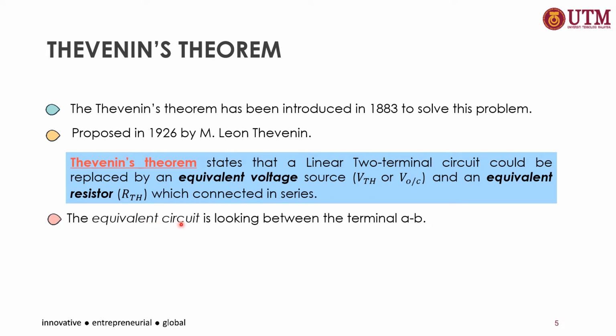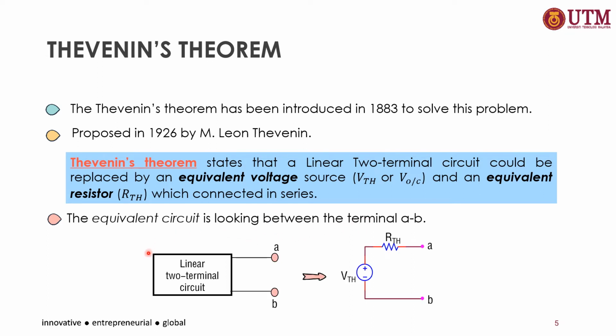The equivalent circuit is looking between terminals A and B. So this is the linear two-terminal circuit with terminals A and B, and this is the equivalent Thevenin circuit, where we have RTH in series with VTH, and these are terminals A and B.